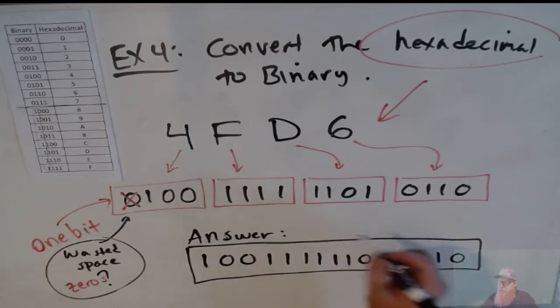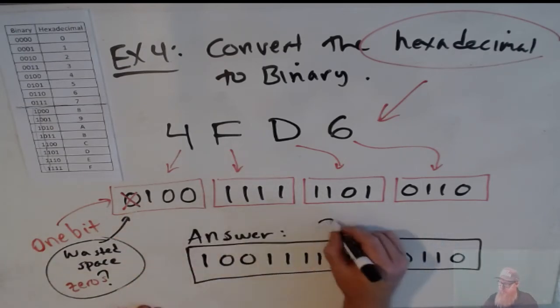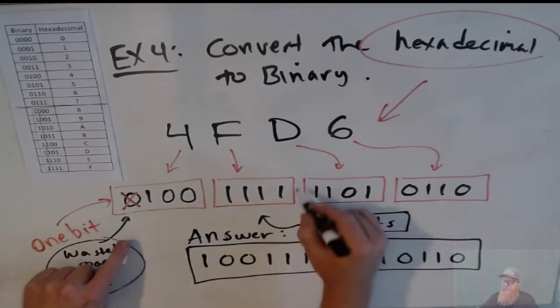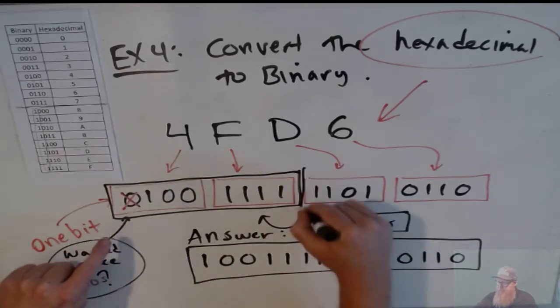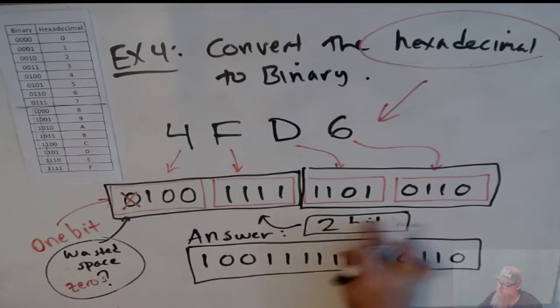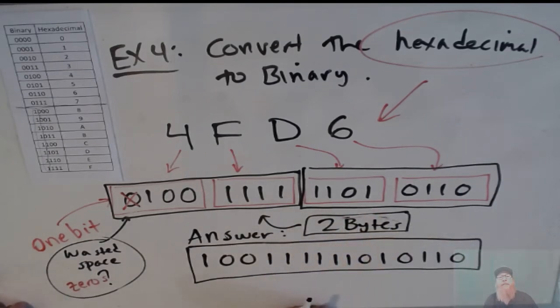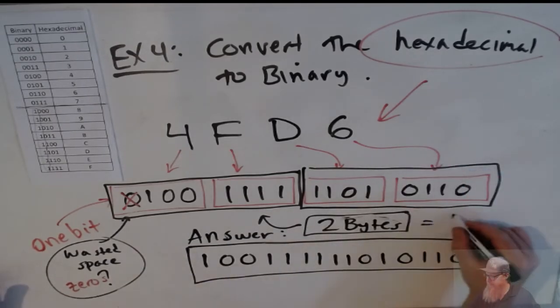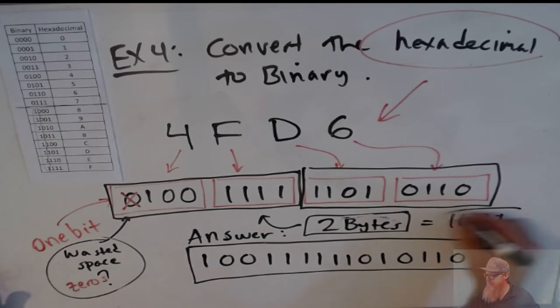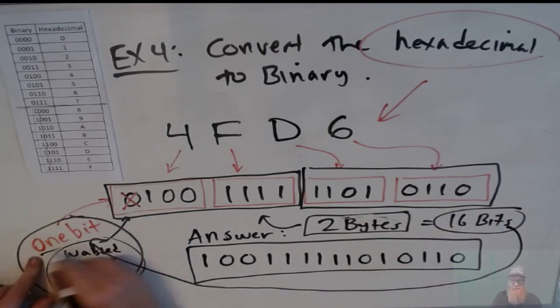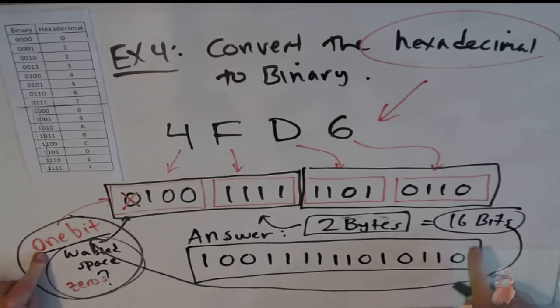So this is a 2-byte number. That's how much space it took. Sorry, 2 bytes. I said bits when I meant bytes. It is 15 bits, or 16 bits with 1 wasted. We wasted 1 bit out of the 16 that we had.